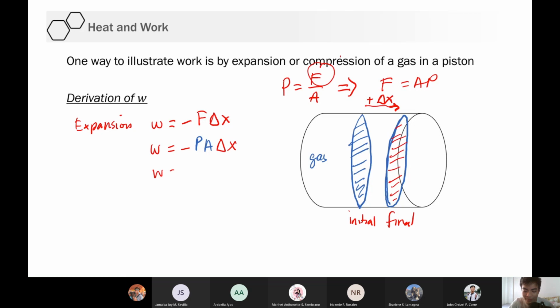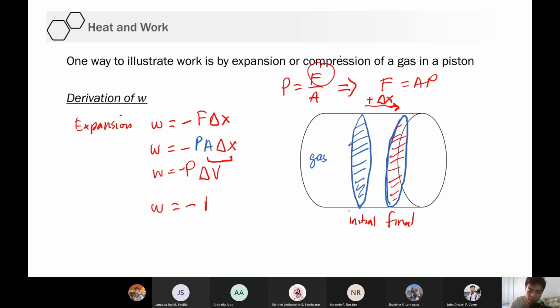Yan ay volume. Kasi may area ka times the height, and area times the height is volume. So, ibig sabihin, this A delta X is the change in the volume of the gas. Okay? So, this is our equation for the work.